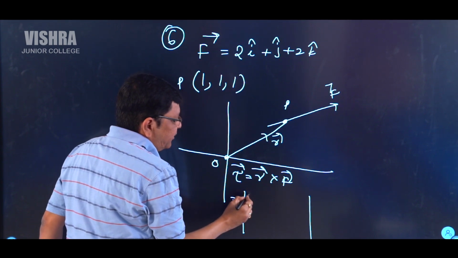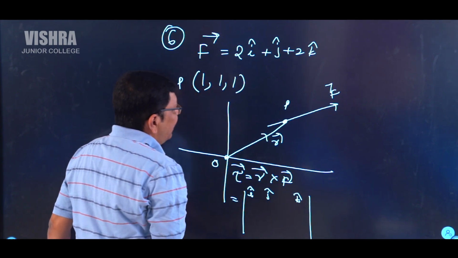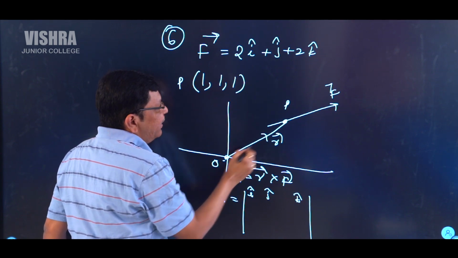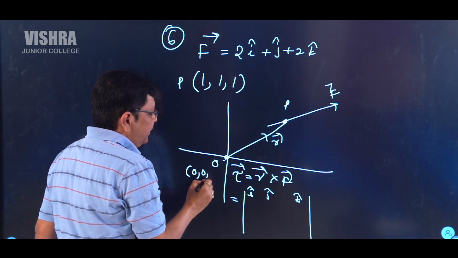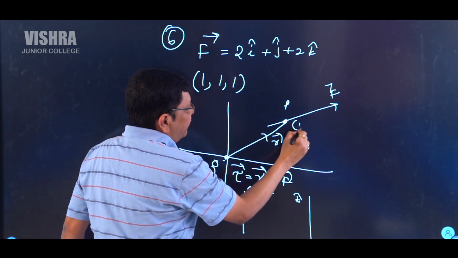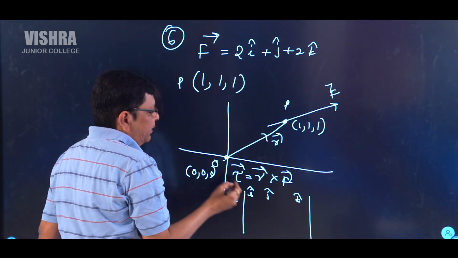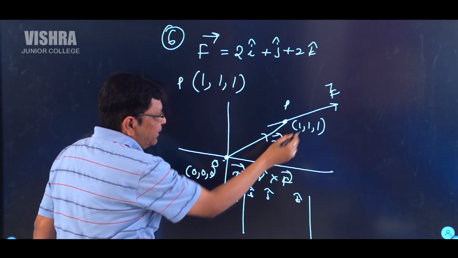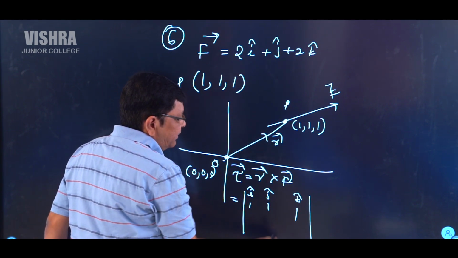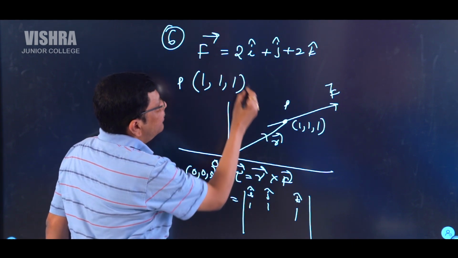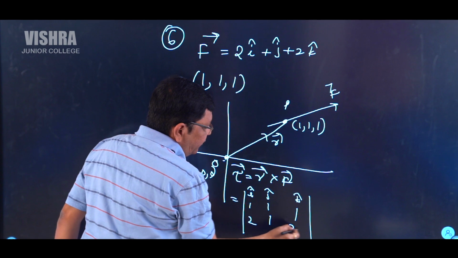So from the matrix method, i, j and k, R is from the origin to point P. Origin coordinates are 0, 0, 0 and point P coordinates are 1, 1, 1. So the position vector is 1i plus 1j plus 1k, and the force is 2i plus j plus 2k. So 2, 1, 2.